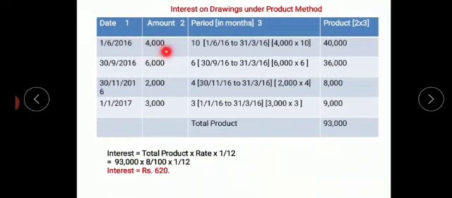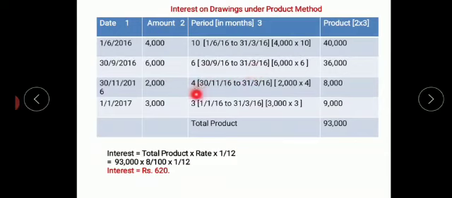On 1/6, 4,000; 30/9, 6,000; 30/11, 2,000; 1/1, 3,000. So I will calculate the number of outstanding periods. From 1/6 to 31/3 gives me 10 months, that is from June to March. Next, September 30th to March is 6 months.